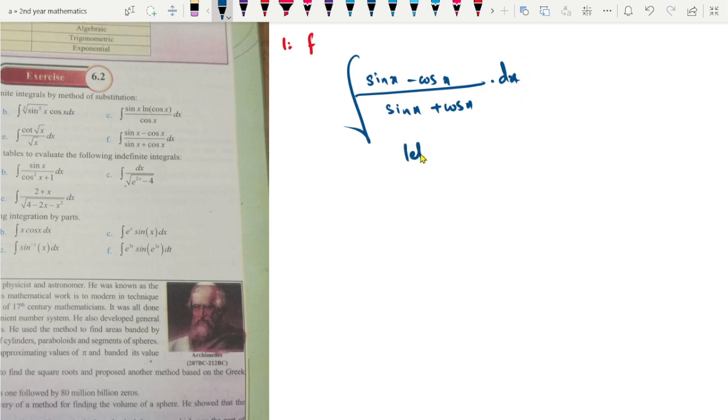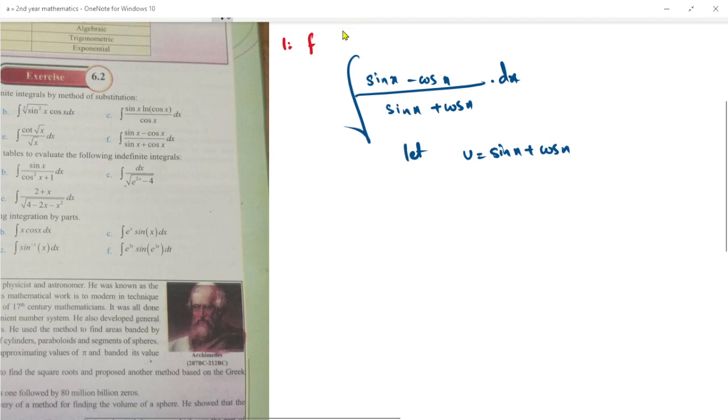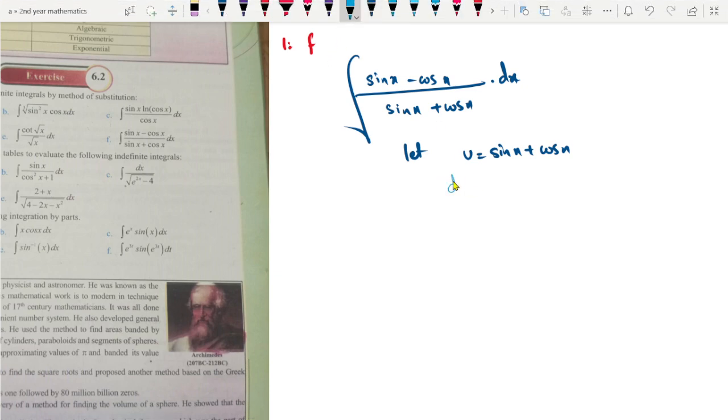Let u = sin x plus cos x. So du/dx is equal to the derivative of sin x, which is cos x, and the derivative of cos x, which is minus sin x.